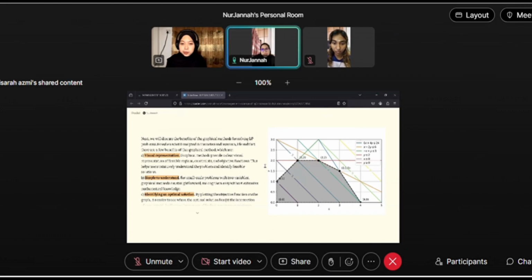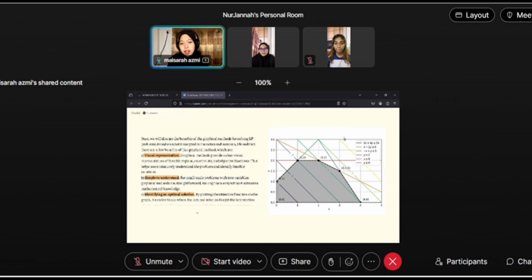Second, it is simple to understand, where for small-scale problems with two variables, graphical methods are straightforward, making them easy to use without extensive mathematical knowledge. And it is also easy to identify the optimal solution. By plotting the objective function line on the graph, it is easier to see where the optimal solution lies, which is at the intersection of constraints, facilitating the process of finding maximum or minimum values.